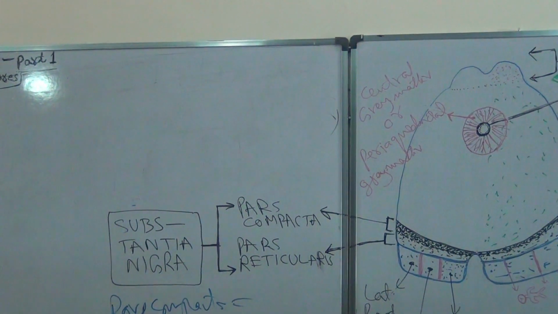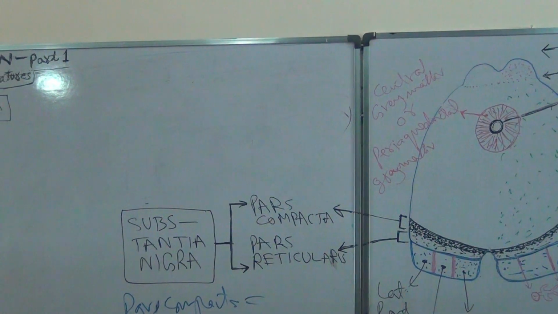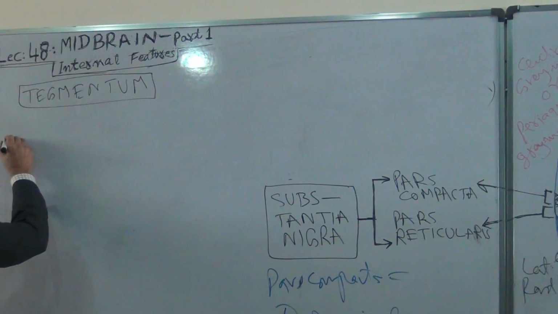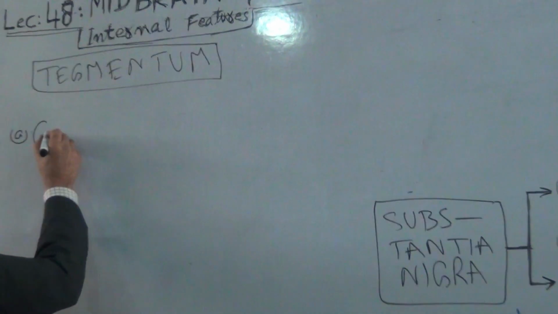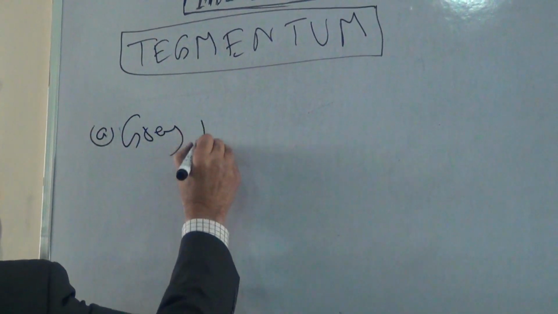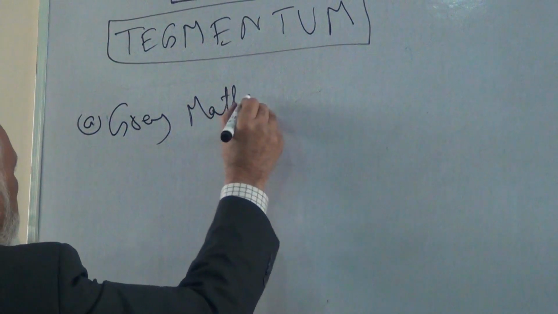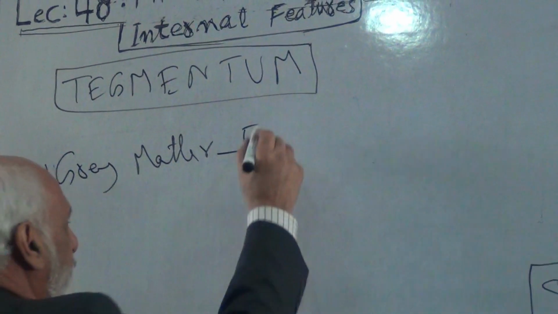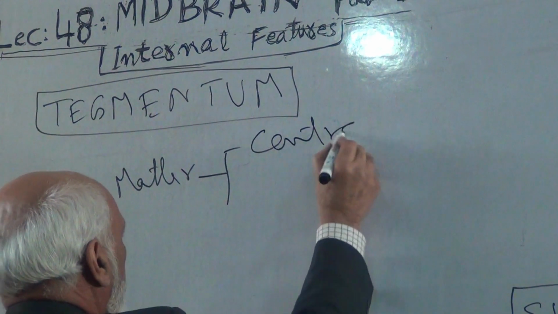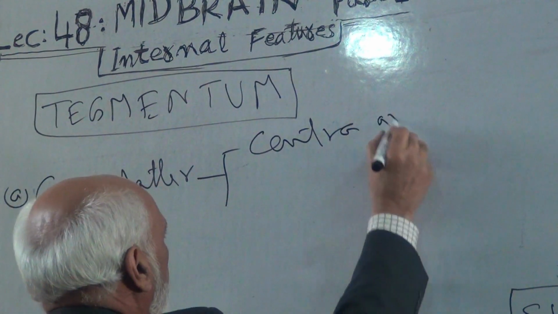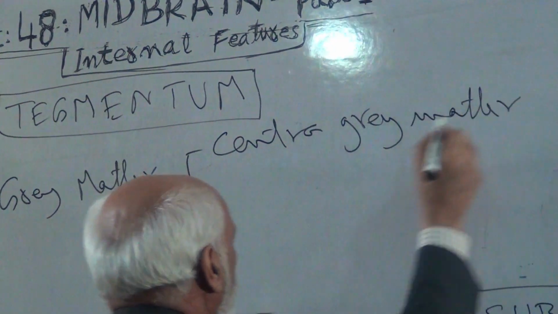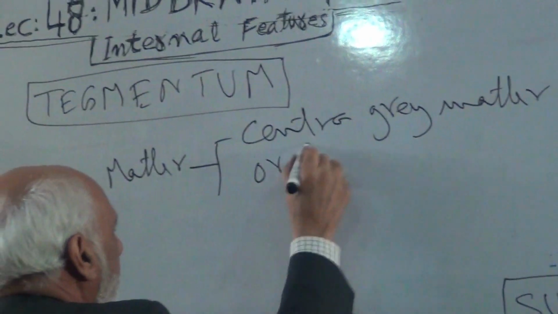Now in the tegmentum, I told you it is a mixture of gray matter and white matter. So the gray matter in the tegmentum is in the form of central gray matter. As I told you, it is also known as the periaqueductal gray matter.